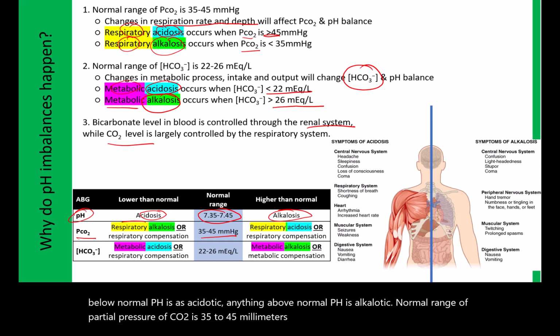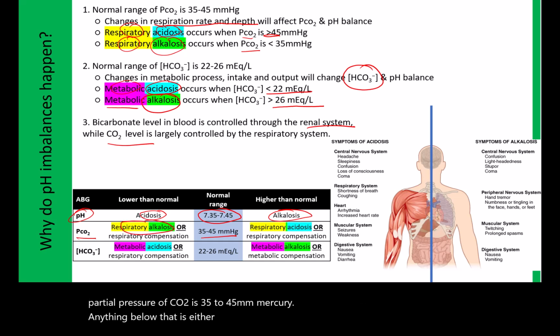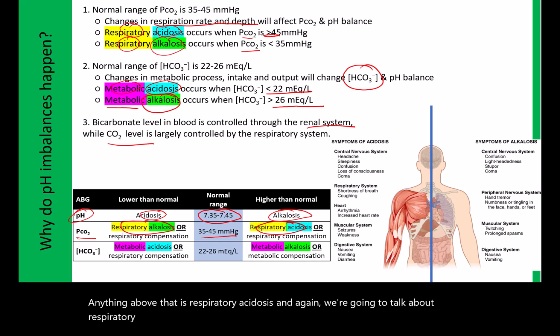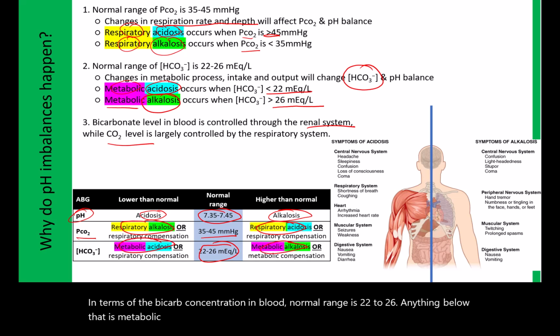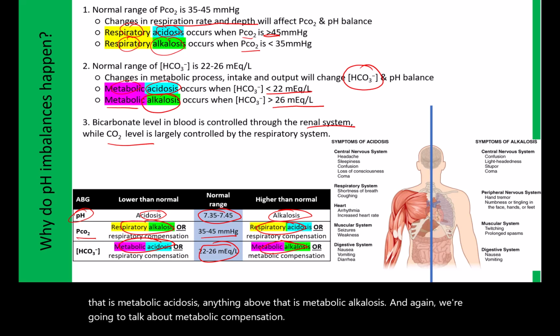Anything below that is respiratory alkalosis. Anything above that is respiratory acidosis. And again, we're going to talk about respiratory compensation in a bit. In terms of the bicarb concentration in blood, normal range is 22 to 26. Anything below that is metabolic acidosis. Anything above that is metabolic alkalosis. And again, we're going to talk about metabolic compensation in subsequent slides.